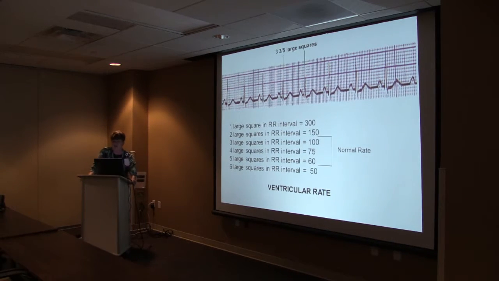If we're going for the actual heart rate and what the pump is doing, where do you go? You go take a pulse. So with this one, if we have between 3 and 4 large squares, we're going to be somewhere around a rate of 82-ish, somewhere in there. Okay, any questions on that? Okay.